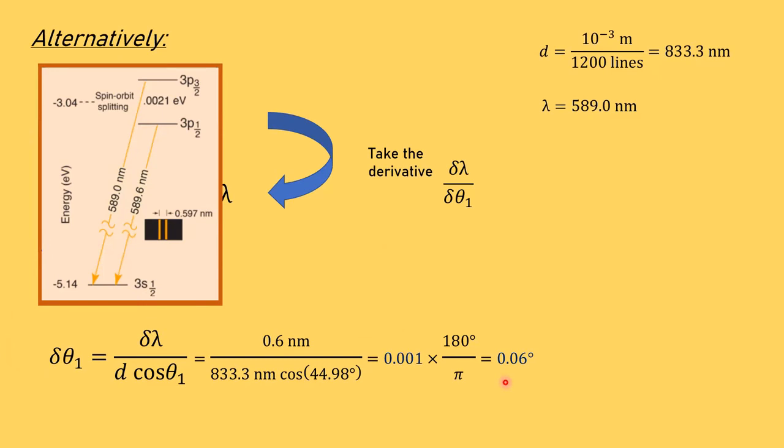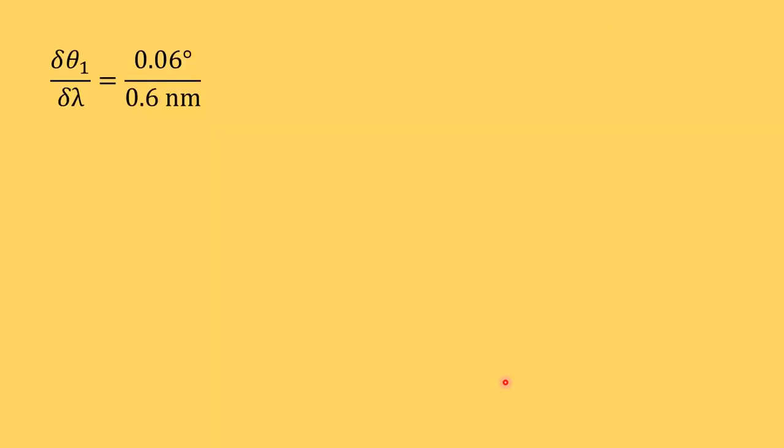So we still haven't really answered the question of whether this diffraction grating could resolve those two lines. All we've really found out is the angular separation between the two lines after you've passed the light through the diffraction grating.